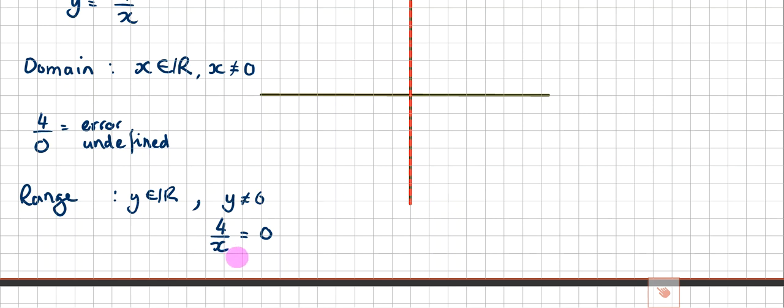You can rearrange that equation: 4 over 0 equals x. If I multiply through by x, I get 0 equals 4. Or, like Steph said, the logical statement would be 4 divided by 0 equals x, which can't happen.